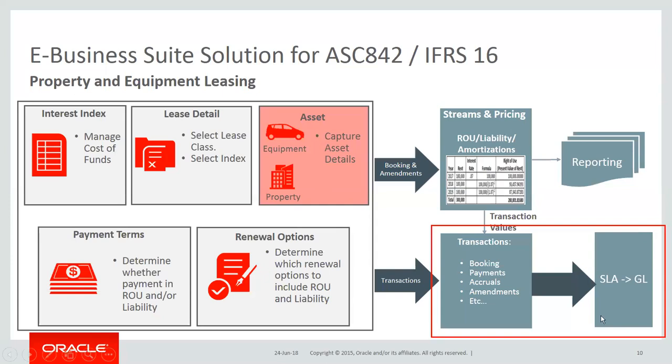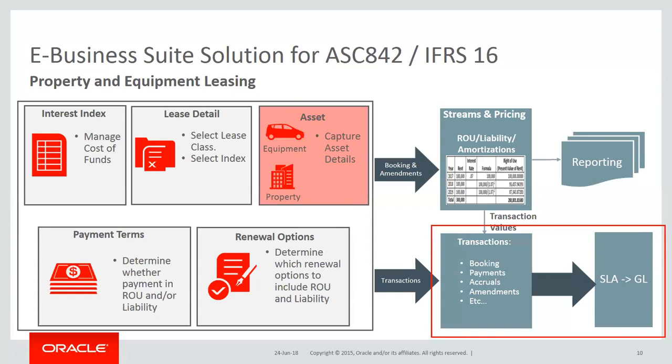So this is all part of the phase 1 solution plus the reporting. Coming into phase 2, from the balances and streams which are created during phase 1, we enabled accounting. When I say accounting, as and when you plan to move to this Oracle solution, we call that a transition process.